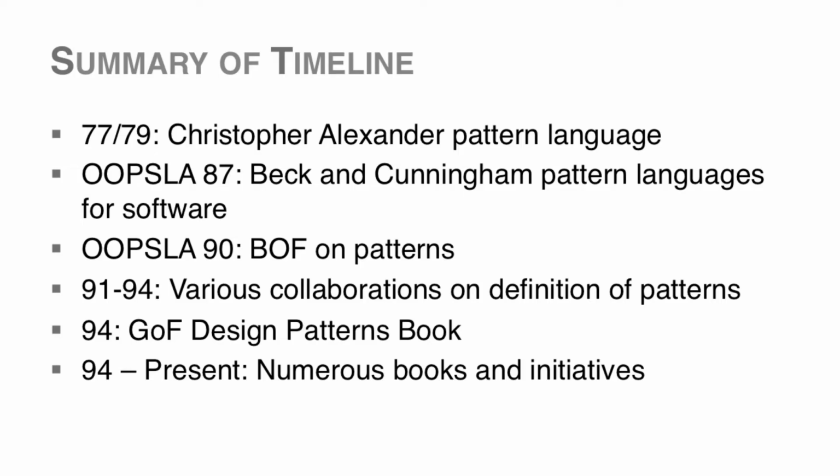In '90 we had the birds of a feather session on patterns, and from '91 to '94, we got various collaborations on defining patterns, particularly by the Gang of Four. And in '94, the main book on design patterns came out. And since then, numerous books and initiatives around the concept of patterns.